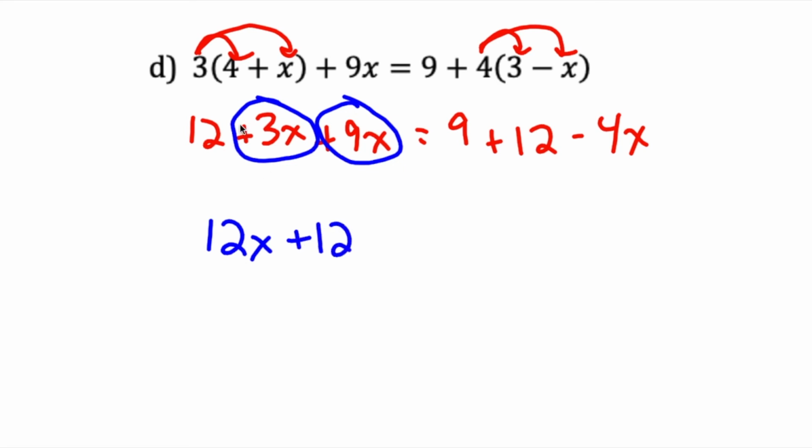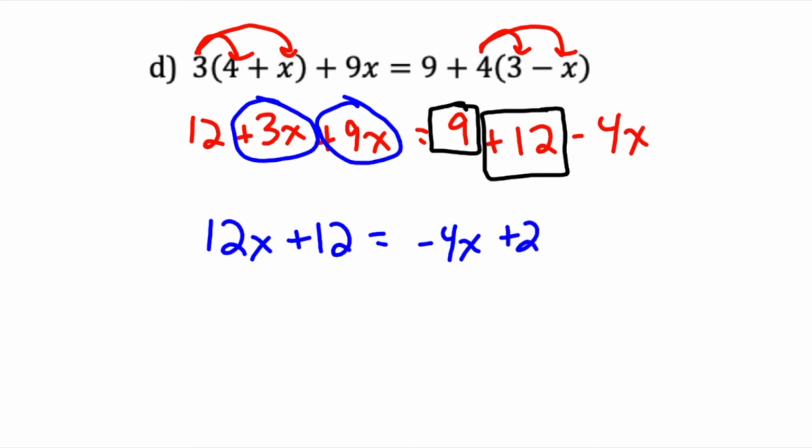That's a positive 12, so plus 12 equals, over on the right-hand side, what are my like terms? Well, I have a 9 and I have a plus 12. All right, so I'm going to add those together, but I'm going to bring the negative 4x out front. So minus 4x, 9 plus 12 gives me 21.